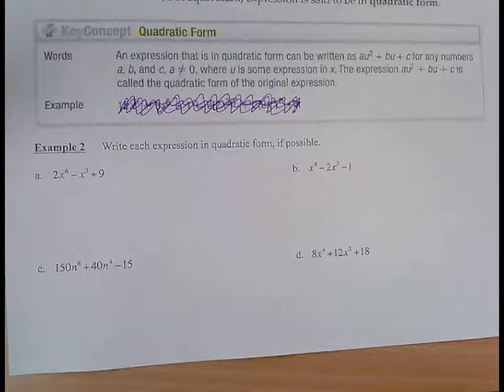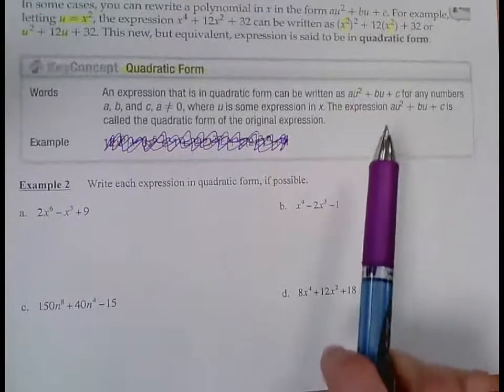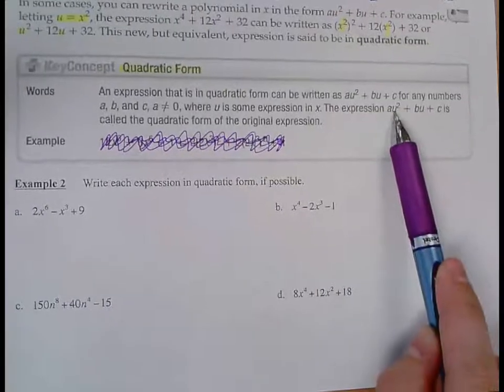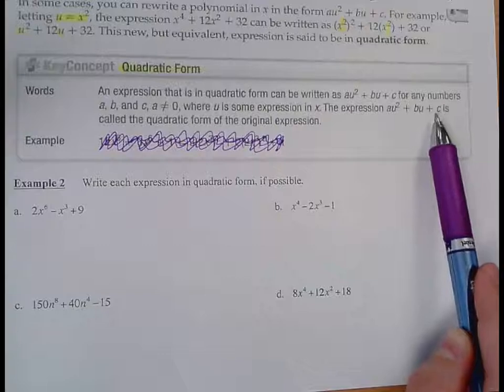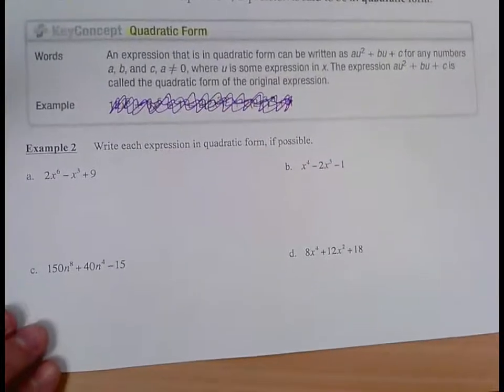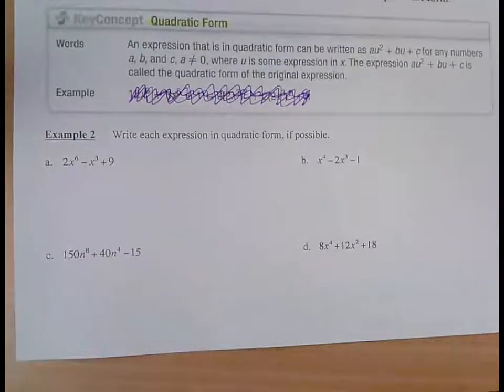Okay, so overall, like I said, your goal is to be able to rewrite it with u so that it's in the form a times u squared plus b times u plus c. It's not possible for every polynomial. Here's how you do it and how you know if it is possible.